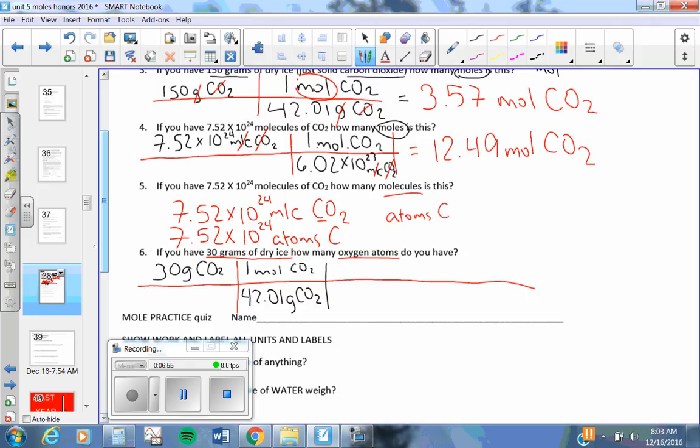We want to get from moles to molecules of dry ice. So, 1 mole CO2, dry ice, there is 6.02 times 10 to the 23rd molecules CO2. But wait, there's more. We know that in this molecule of CO2, there are 2 oxygen atoms, so 2 oxygen atoms for every 1 molecule of CO2.